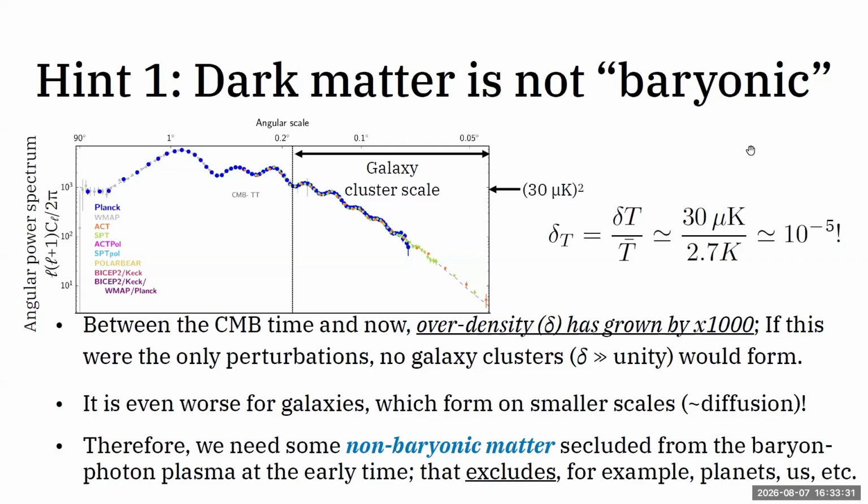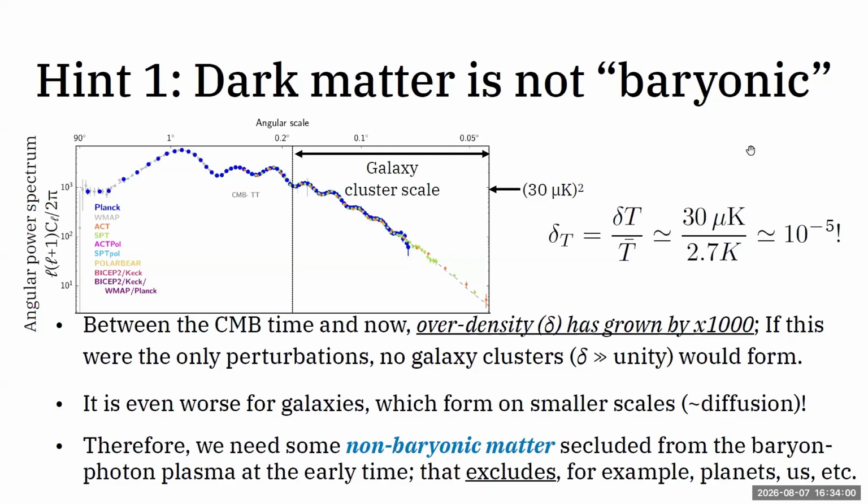Without dark matter, we cannot even form galaxy clusters, which means that dark matter must be completely secluded from baryon and photon, because this fluctuation is carved from the baryon-photon interaction. They must independently grow in time, and their amplitude must be much larger at the CMB time. Therefore, dark matter is not baryonic, meaning that it cannot interact at all with photons.